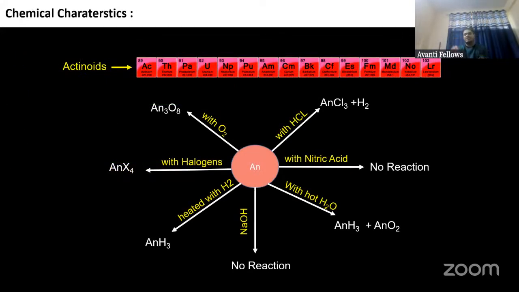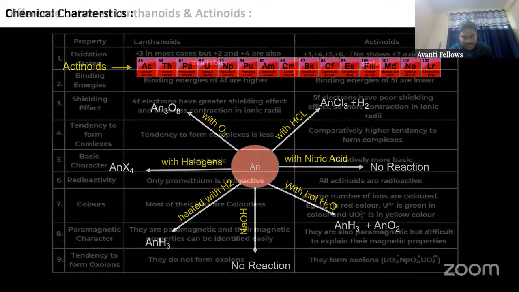Their reactions are almost similar: AnCl3; with nitric acid no reaction; with H2O they form AnH3; with NaOH no reaction; heated with H2, AnH3; with halogen AnX4; and with O2 they form An3O8.